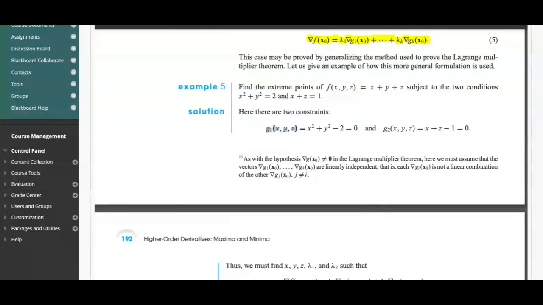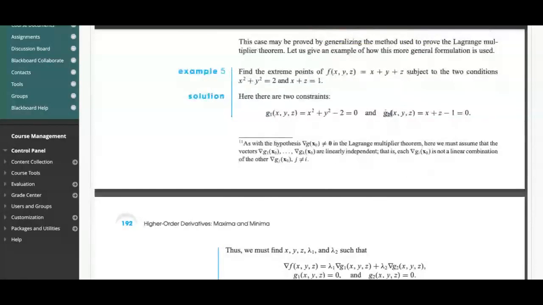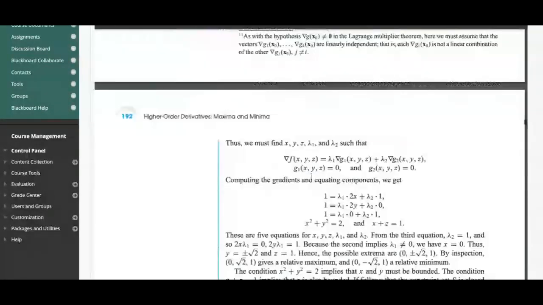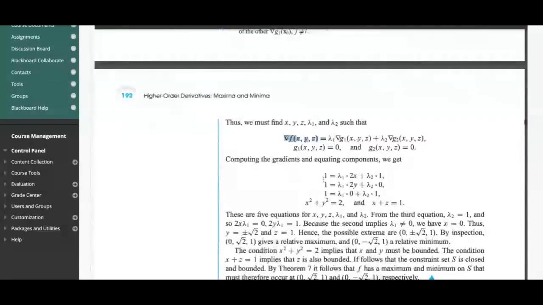So gradient f equals lambda 1 times gradient g1, plus, this is a plus, okay? Because if you think of it, the rate of change of f on the restricted domain equals a certain Lagrange multiplier multiplied by the gradient of g1, plus gradient of g2 multiplied by another Lagrange multiplier.